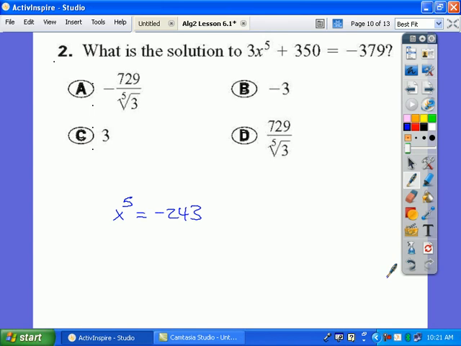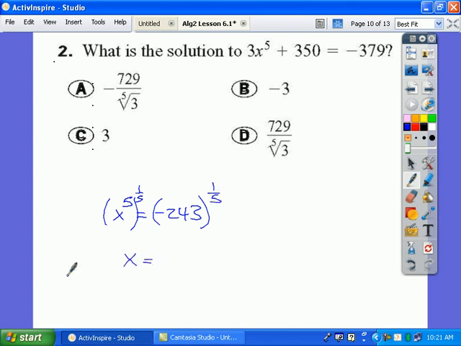Okay, so if you do all of the work down to the second to last step, so we subtract the 350, we divide by the 3, we should get x to the fifth power equals negative 243. So now I'm going to take the fifth root of this, right? So I take the fifth root on both sides, or raise everything to the 1/5 power.